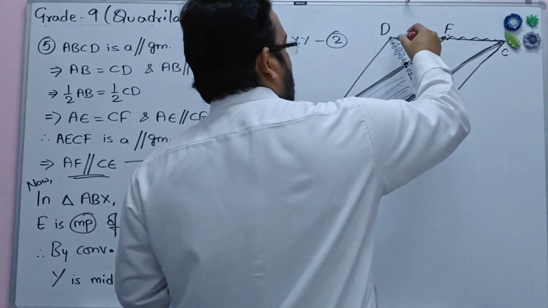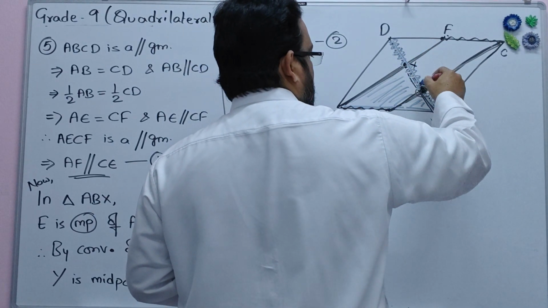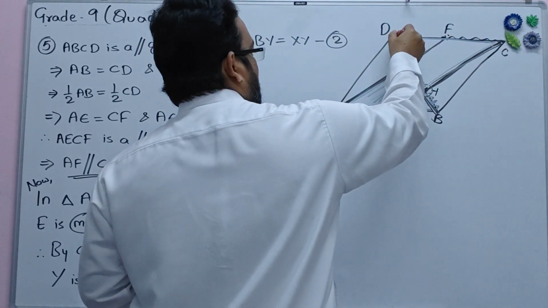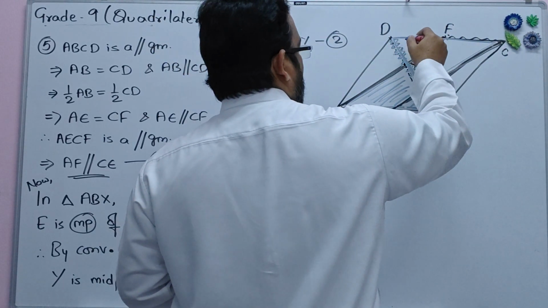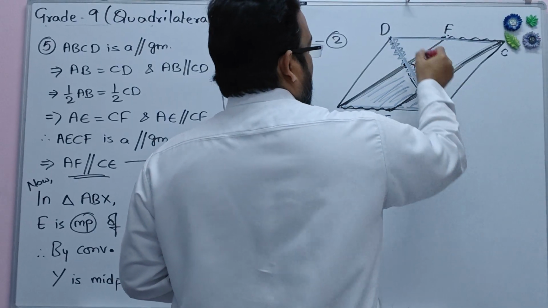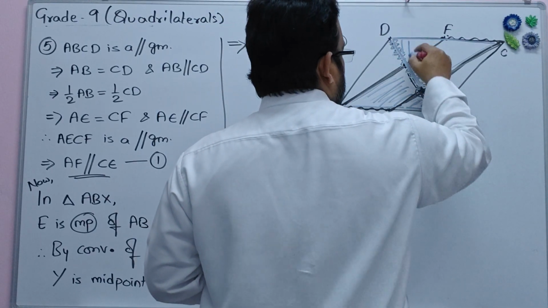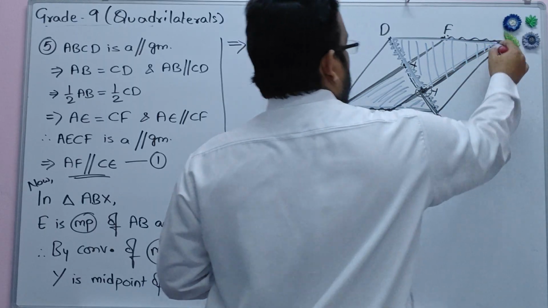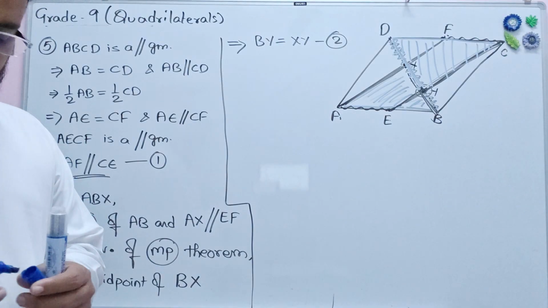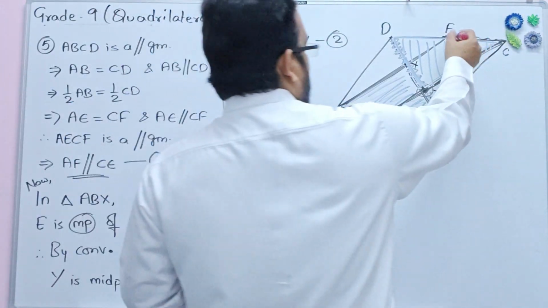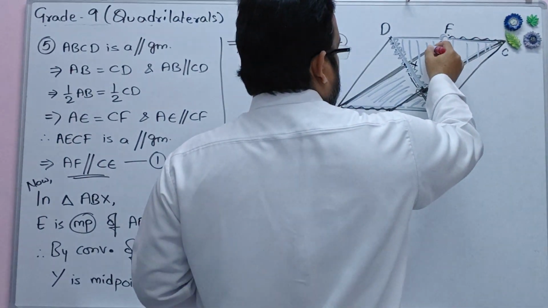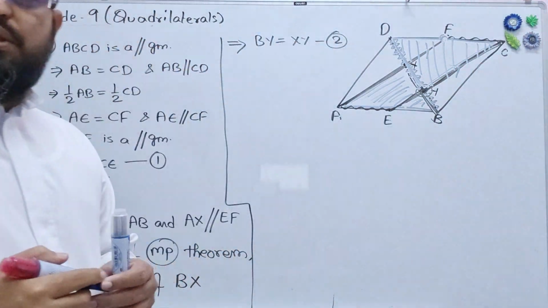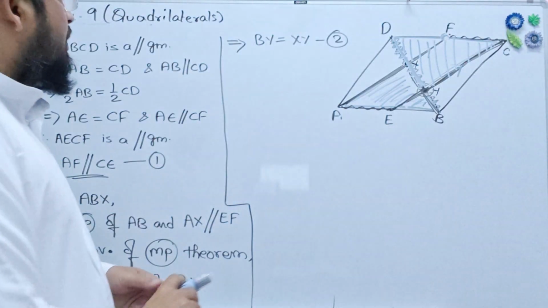So what is the triangle? Can you figure out a triangle which is included by DX and XY? Is this a triangle? Does it look like a triangle? Yes, it looks like a triangle, and also F is midpoint, and also just now we got that these two lines are parallel. Is it right? The same.